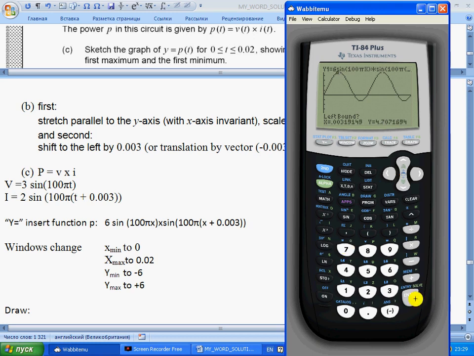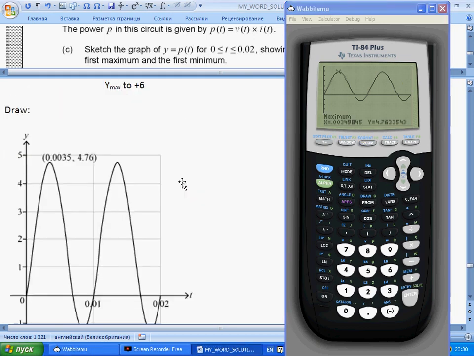I press enter. Left boundary shown. Now I move to the right. Jump over. Right boundary shown. Guess. I don't know why you need this guess. And finally, after some time we get the maximum at this position. Let's see. x is 0.0035 and y is 4.76.